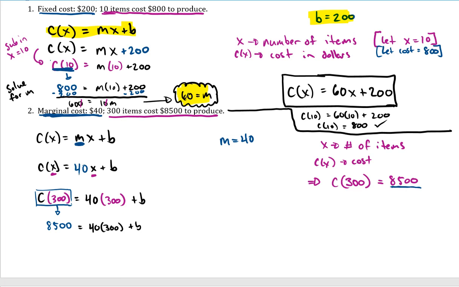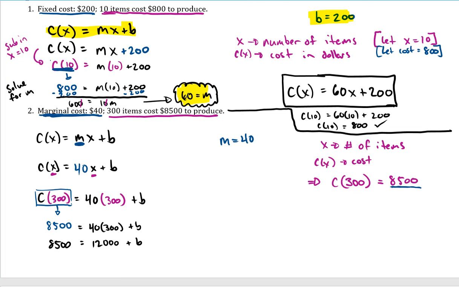Okay, so now we've got an equation where we only have one letter involved, and we want to solve for that letter. So here, let's go ahead and do our multiplication. So 40 times 300, well, 4 times 3 is 12, and then we have 1, 2, 3 zeros. And then we've got plus the b. And then after that, we can subtract the 12,000 over.